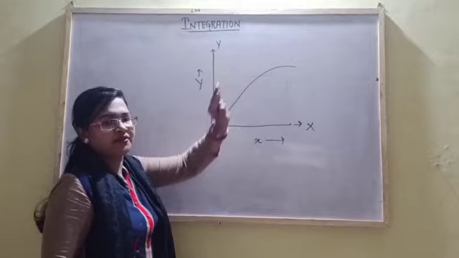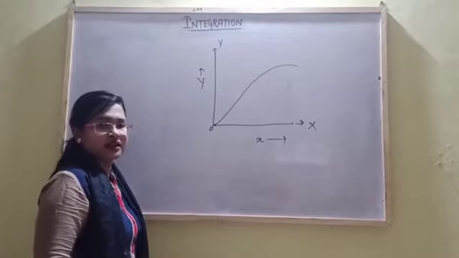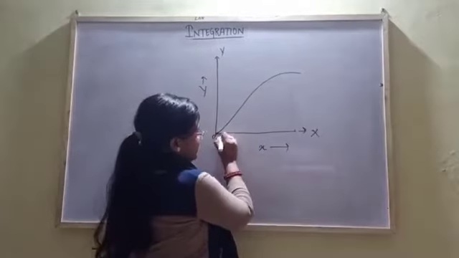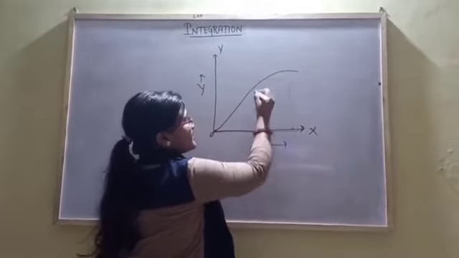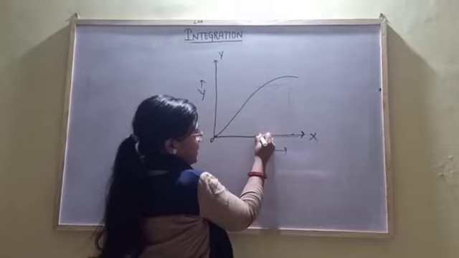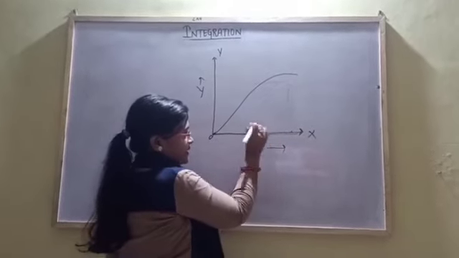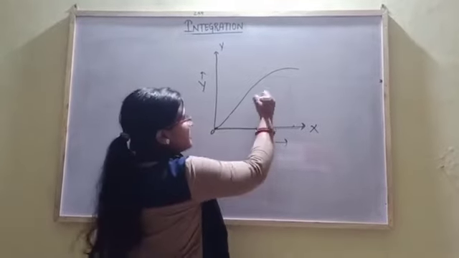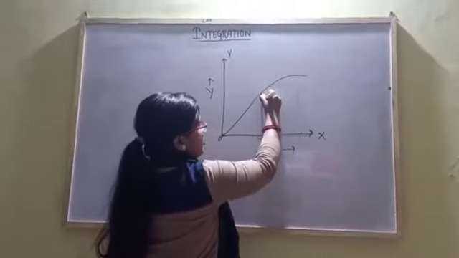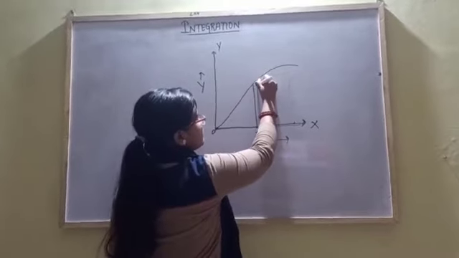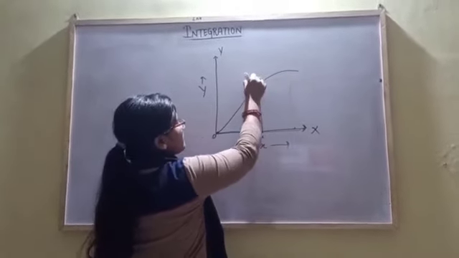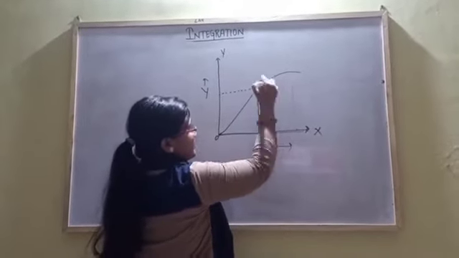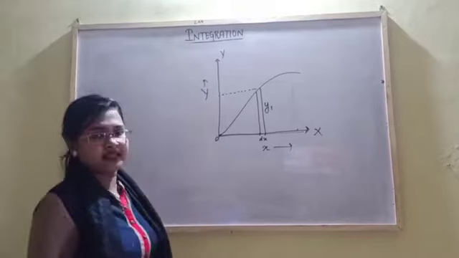Okay, this is a curved graph and I have asked you to find its area. What will you do? Consider this is x, and consider a small part of x, that is dx. Clear? The small part of this axis is dx. And I draw a rectangle of length y1 on the y-axis.